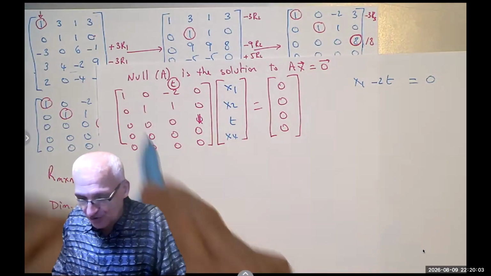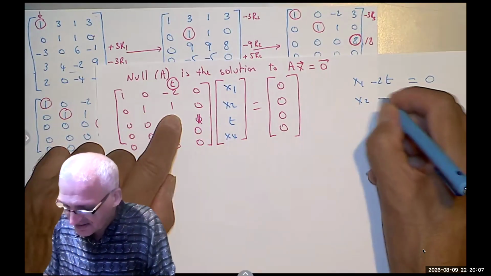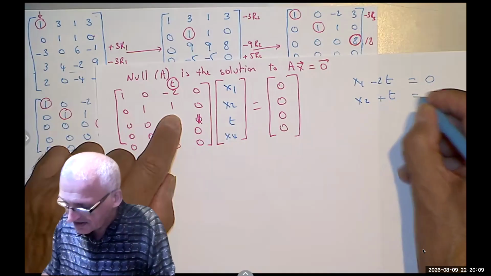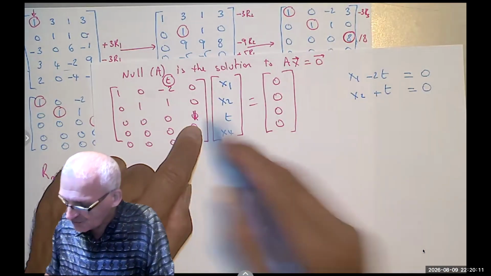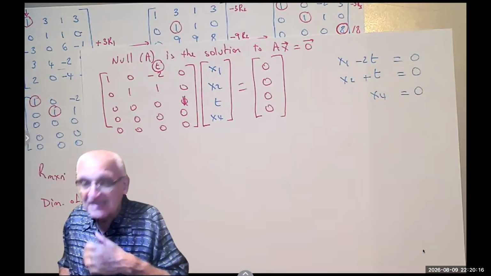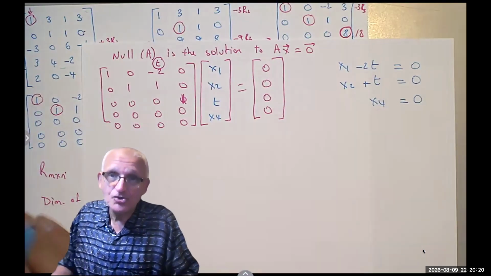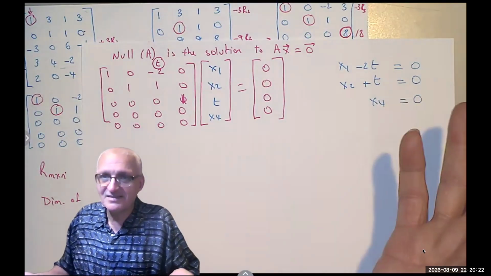And then if I want to write an equation here, I'm going to say x2 plus t equals 0. And then for the last one, I can say x4 equals 0. T can be anything. Of course, it can be a trivial solution, t equals 0, but that doesn't help.